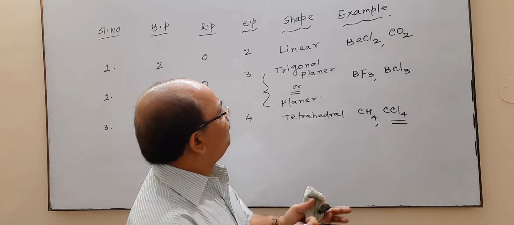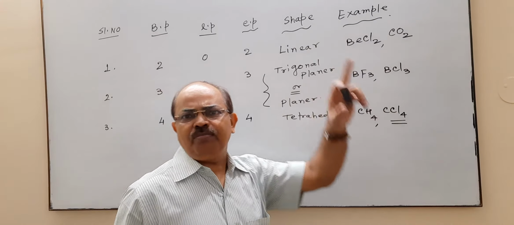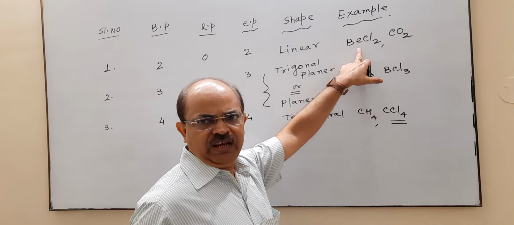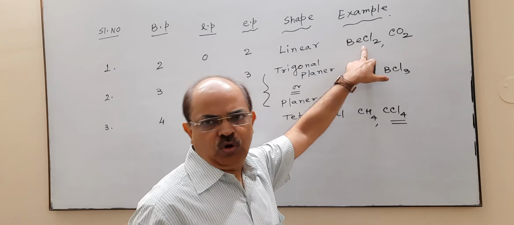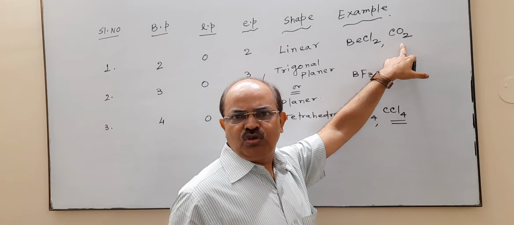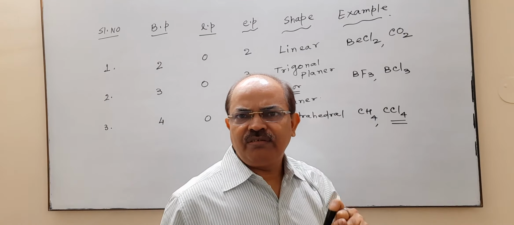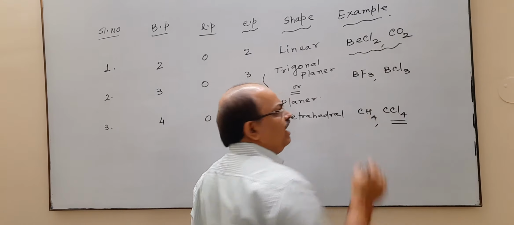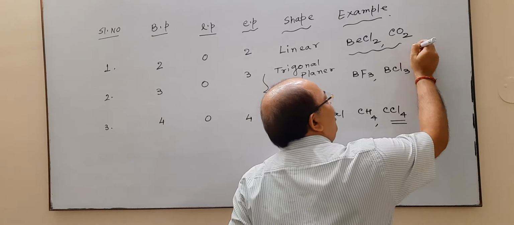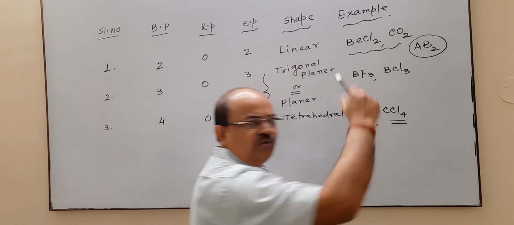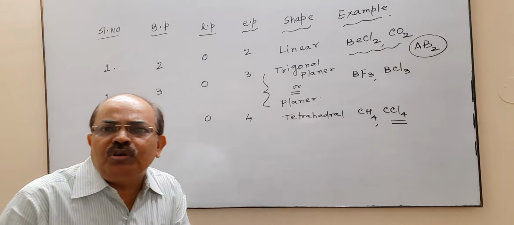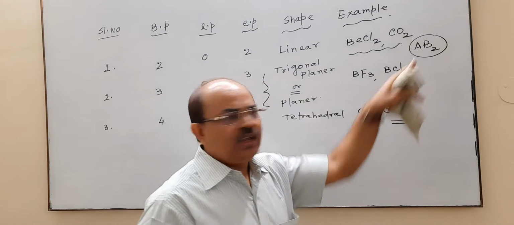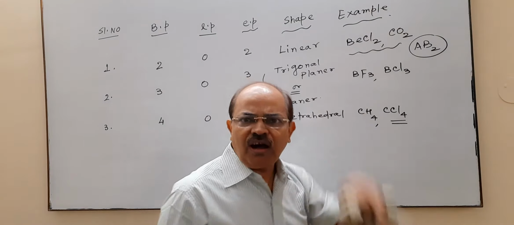Now if we look at the examples, अगर आप example को देखो, BeCl2: one atom is beryllium, another atom is chlorine. Another example is CO2: one atom is carbon, another atom is oxygen. So we can say, this is your AB2 type molecule, where A is beryllium, B is chlorine, A is carbon, B is oxygen.